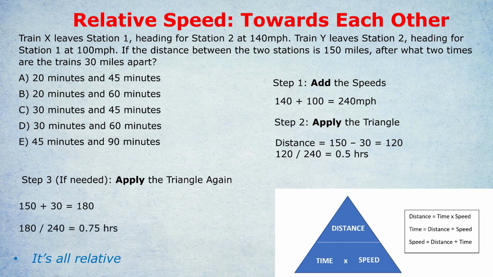So relatively speaking, or combined you could say, they've gone 180 miles. Again, applying the triangle, distance divided by speed, because they're still going 240 combined, 180 divided by 240 gives you, I think, 0.75. And 0.75 or 3/4 of an hour is 45 minutes, giving us answer C.